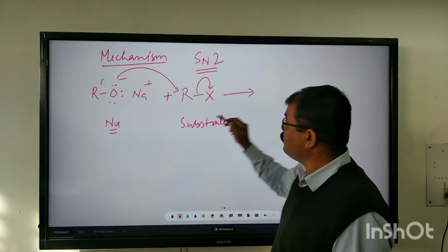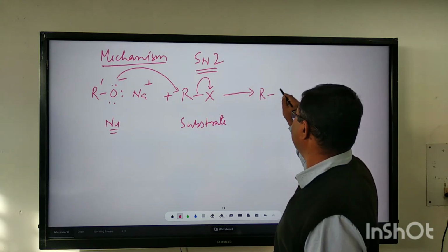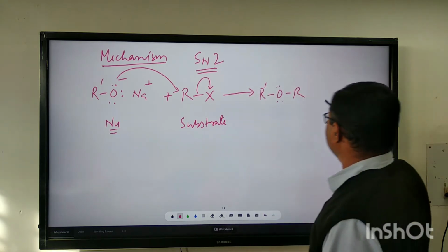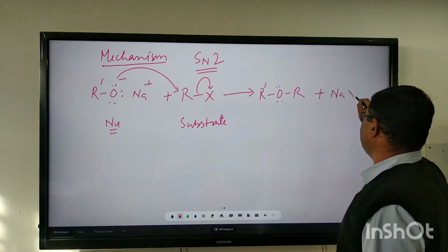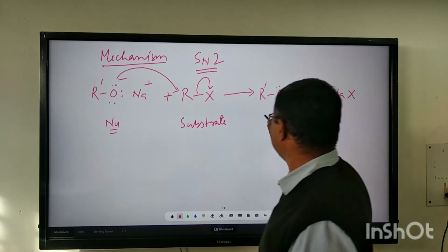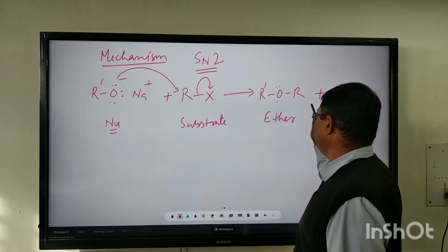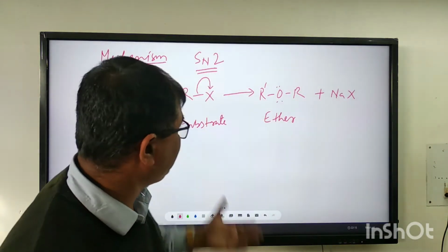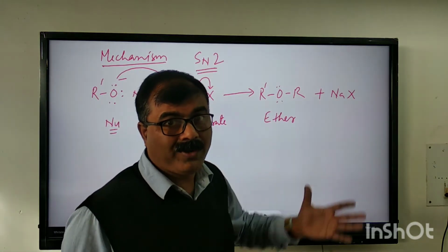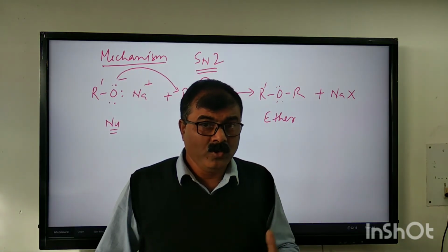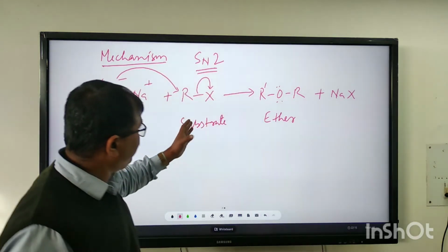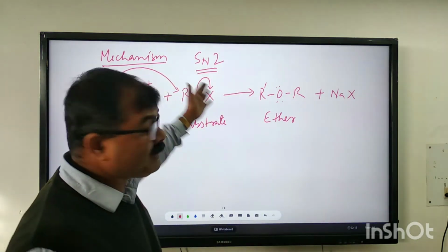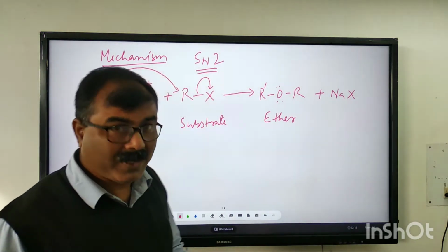So as a result, we will get ether. Byproduct is NaX. So this is a nucleophilic substitution bimolecular reaction. In the transition state, two molecules will be involved. Already we have learned SN2 mechanism, so we won't discuss it in detail, but you remember Williamson synthesis is always carried out by SN2 path.